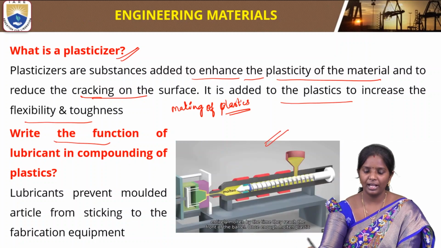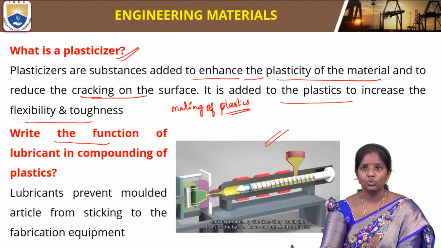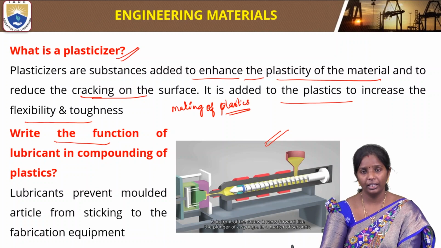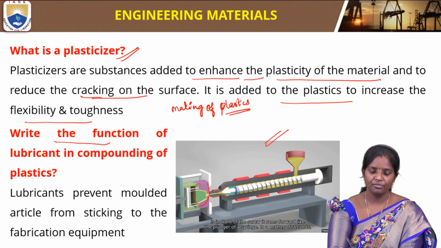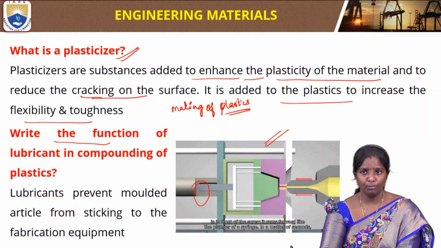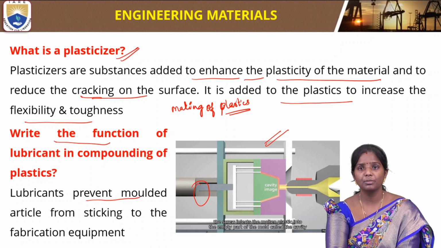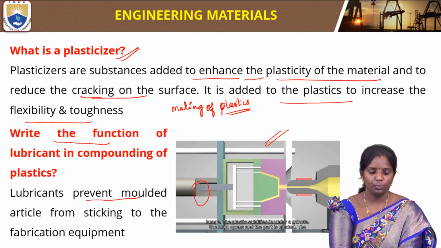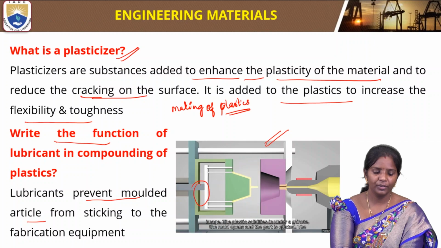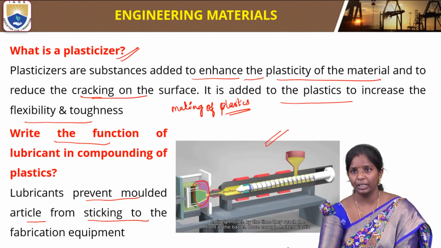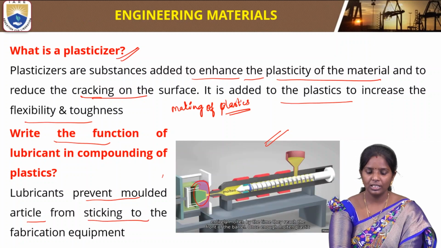If you see, this is the plastic making machine. In this, under pressure and heat, there is formation of a mold, that is the plastic mold. So lubricants will avoid any sticking of this plastic to the machinery. Lubricants prevent the molded article from sticking to the fabrication equipment.